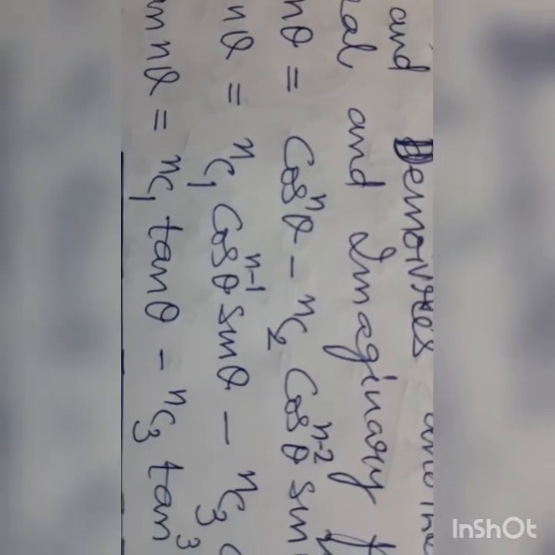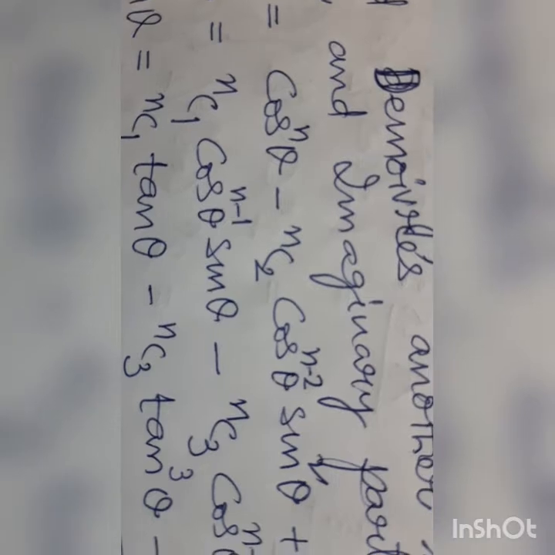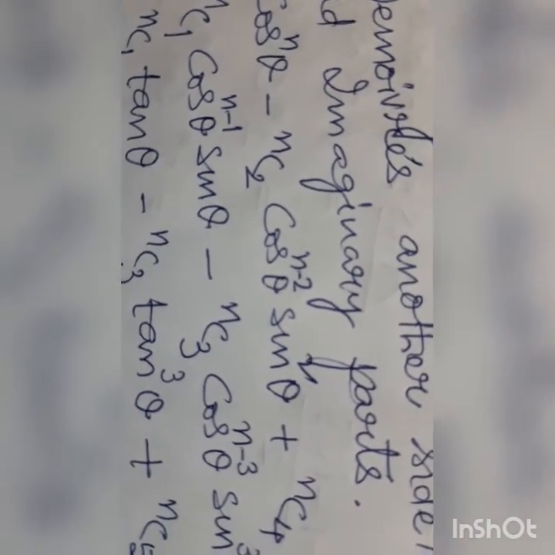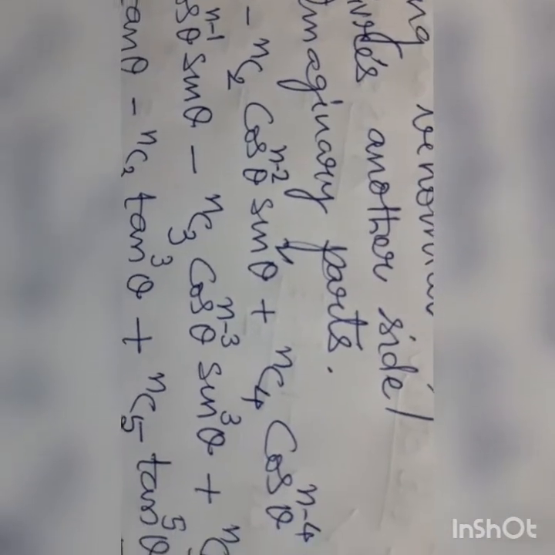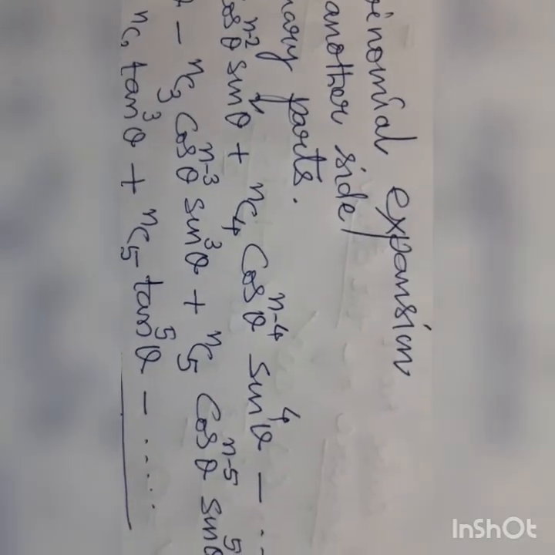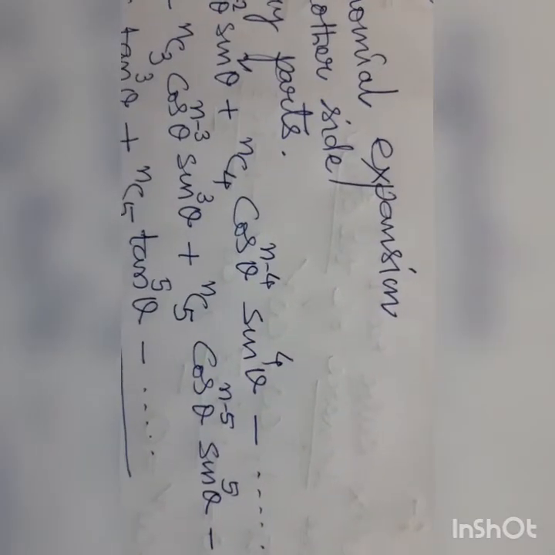Cos n theta equals cos to the power n theta minus nC2 cos power n minus 2 theta sin square theta plus nC4 cos to the power n minus 4 theta sin power 4 theta minus nC6 cos power n minus 6 theta sin power 6 theta. And observe here, all even numbers will be coming: nC2, nC4, nC6, nC8.